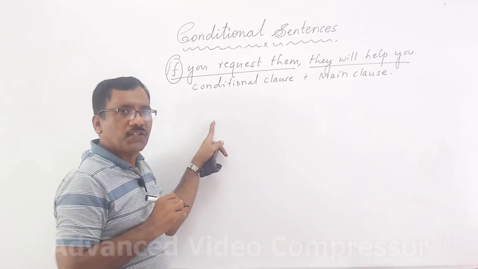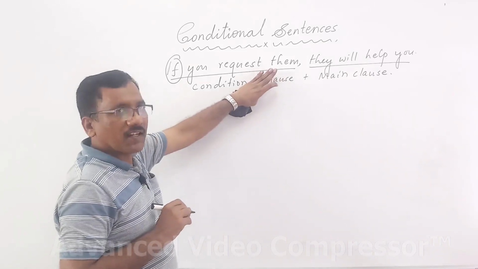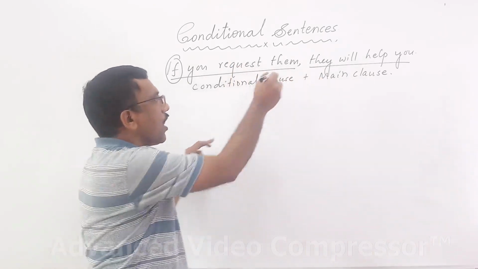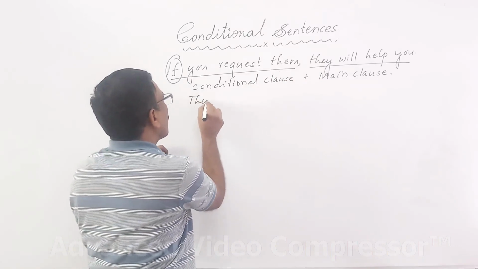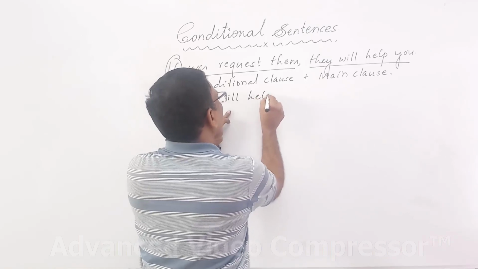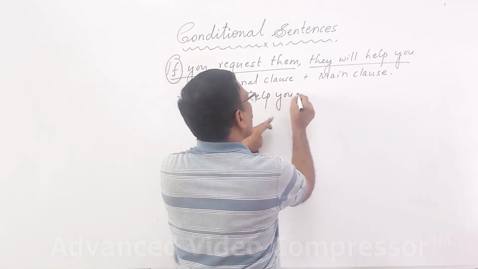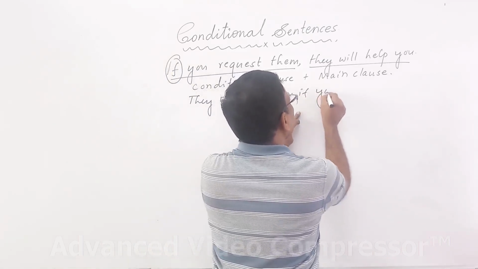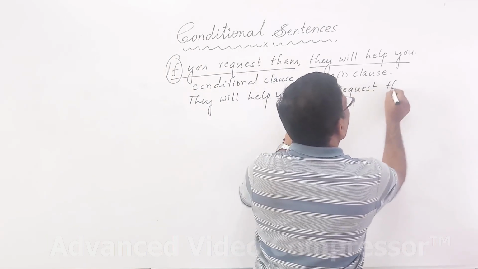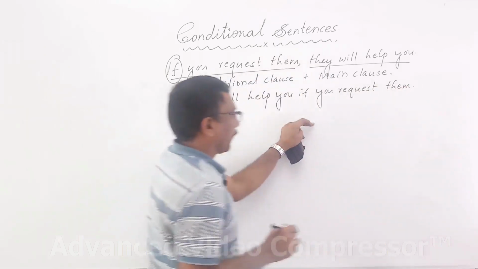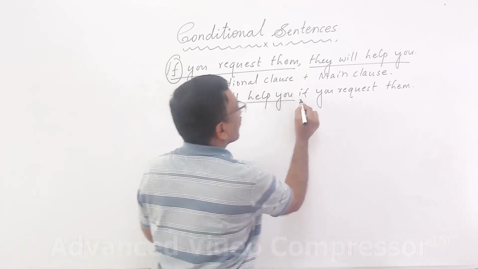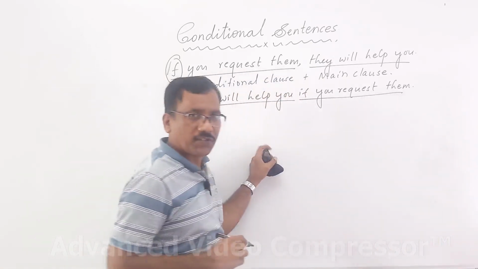For your kind information, a conditional sentence may also begin with the main clause. How? For example, they'll help you if you request them. Here the main clause has come first and the conditional clause next.